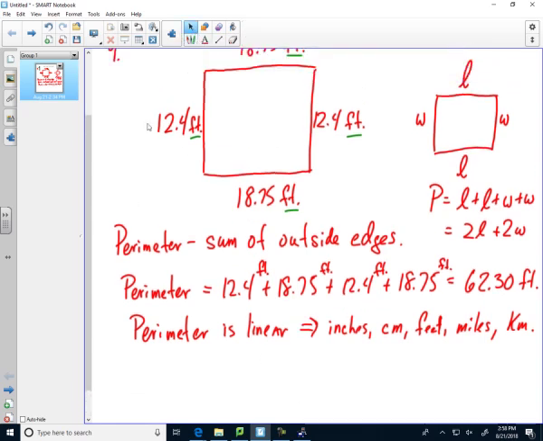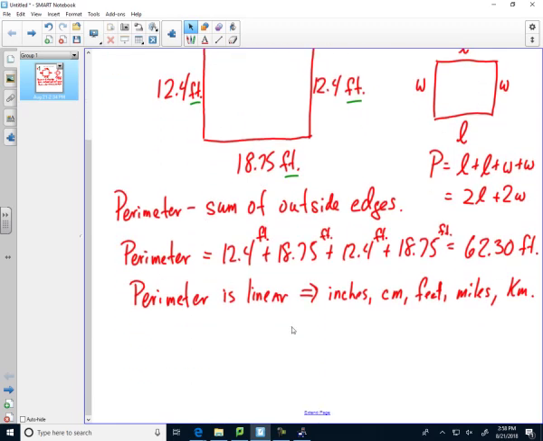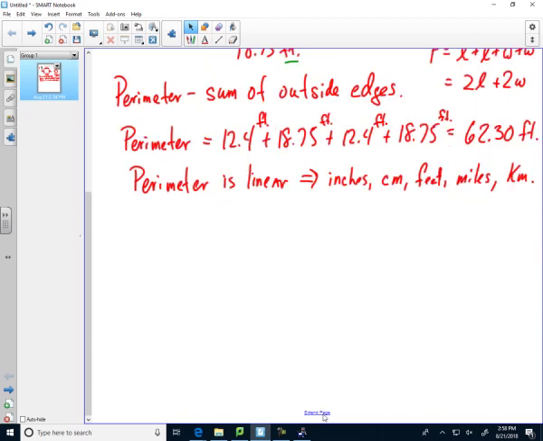Now, let me add something to our problem here. We found the perimeter. What if I said, what's the area? Square footage. Well, we're going to get there. How do you find the area? What is it? Length times the width.